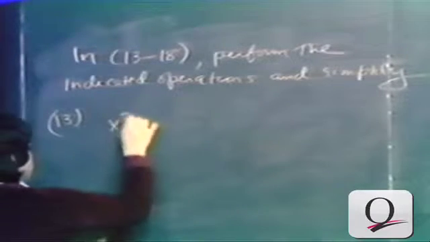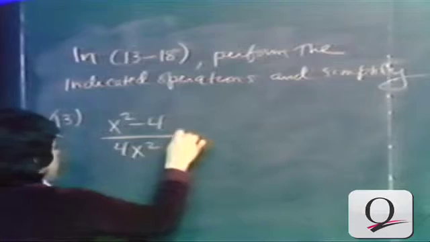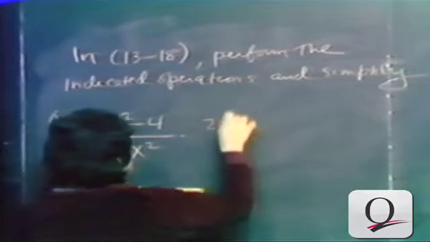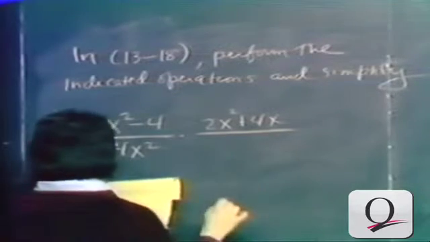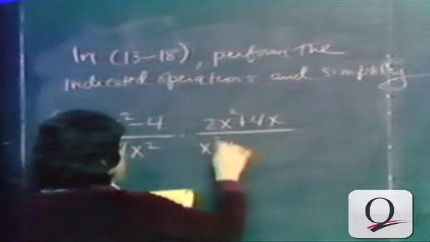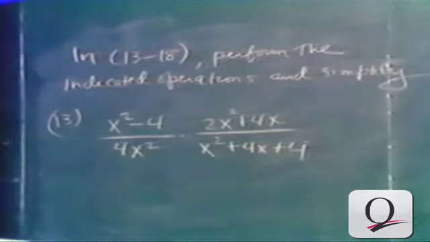And in 13, we have the following. X squared minus 4 over 4x squared times 2x squared plus 4x over x squared plus 4x plus 4.